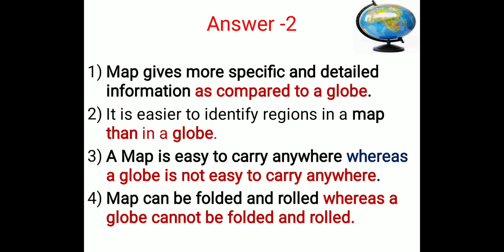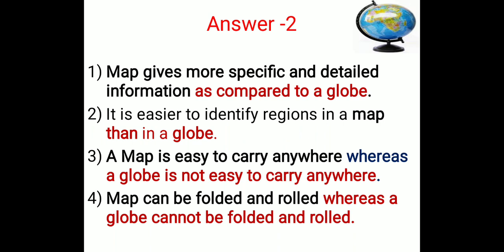than in a globe. Third, a map is easy to carry anywhere, whereas a globe is not easy to carry anywhere. So we can carry a map easily anywhere, but we cannot carry a globe easily anywhere. Fourth point, a map can be folded and rolled, whereas a globe cannot be folded or rolled.